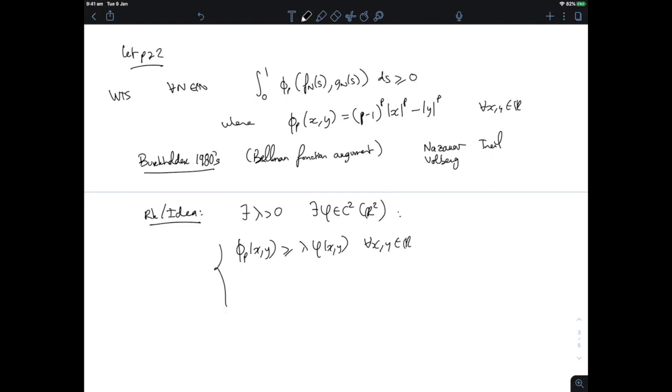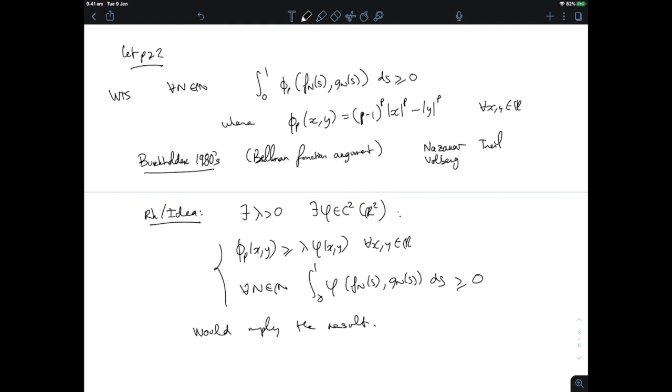And in the meantime, we have that for every n in N, phi of fn, gn, if I integrate that, then I get something non-negative. Well, if I can prove what I want for a phi that is smaller up to a constant than capital Phi p, then I get my result. So having this would imply the result.